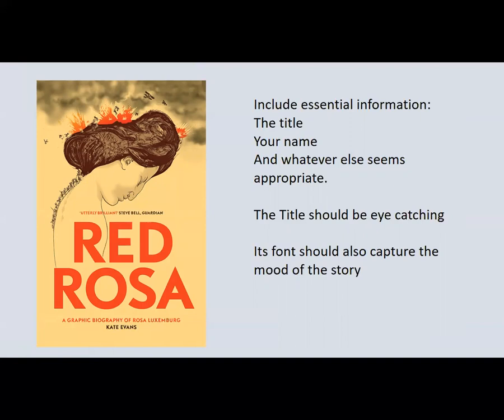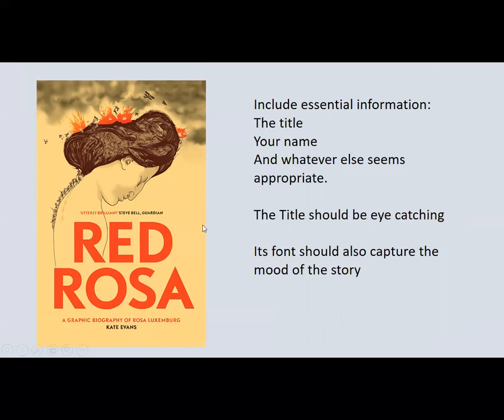There's the title, your name, and whatever else seems appropriate. Like in this case, what seemed appropriate was Red Rosa, a graphic biography of Rosa Luxemburg, but also a testimonial, "utterly brilliant," Steve Bell, Guardian.